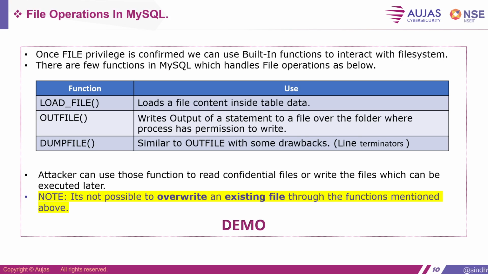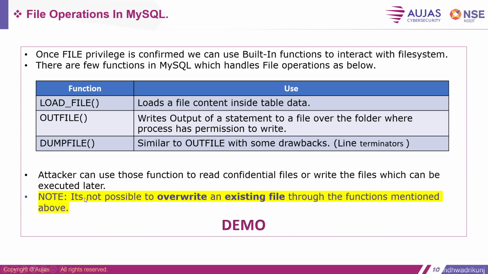Once file privilege is confirmed, we can use built-in functions to interact with the file system. There are a few functions in MySQL which can handle file operations. There might be one more, like load data infile. I don't remember that exactly, but you can dig into it and Google about it. An attacker can use those functions to read confidential files or write files which can be executed later.